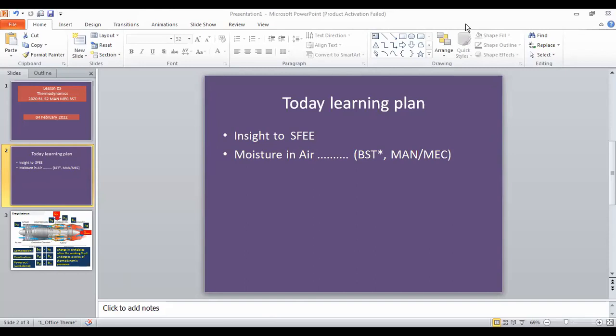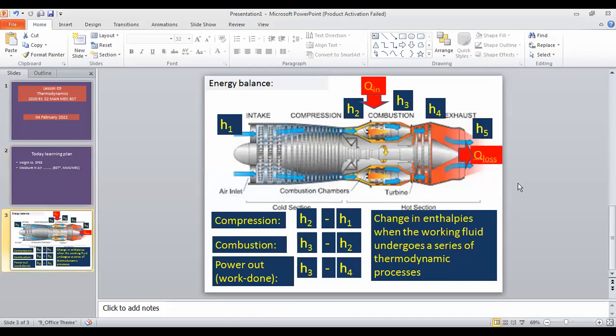If we look into last week, lesson 4, we came out with this slide as the final one. So we learned a lot out of this learning. We learned about enthalpies.